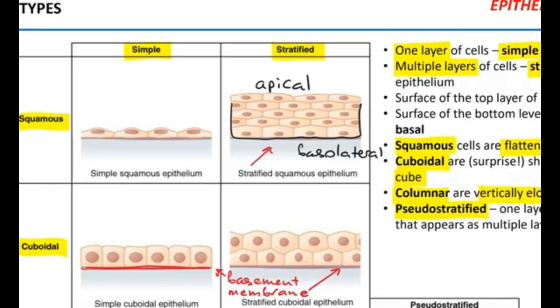Does that make sense? Question? This one? Yeah, I just can't really separate when I draw it. Okay, does that make sense? I'm showing the side, yes, it's going to go over the basement membrane, yes.